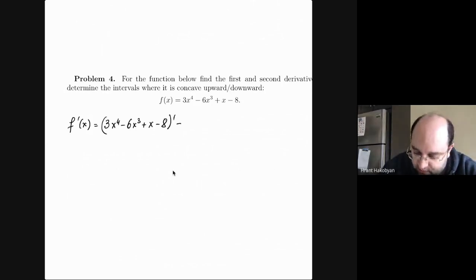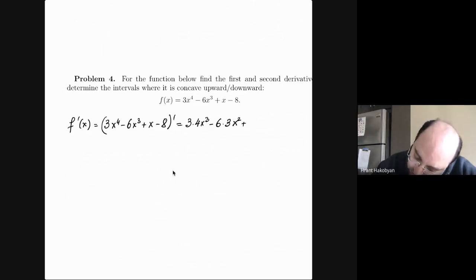So the derivative of that is 3 times 4x to the third minus 6 times 3x squared plus 1, and then I have minus 0, so I'm not going to write that down.